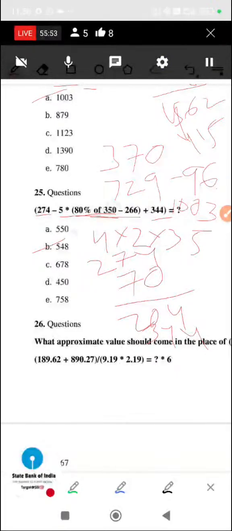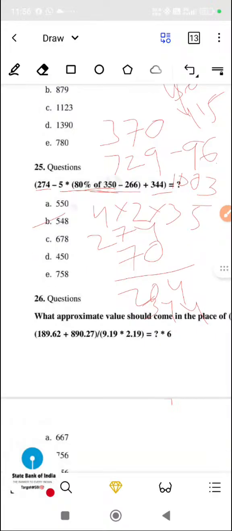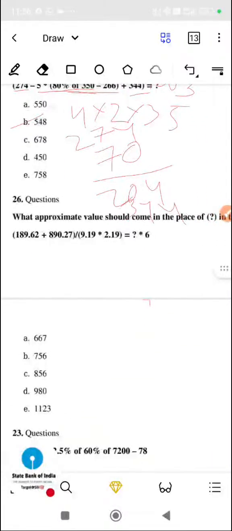Next, we are going to see simplifications, approximations.